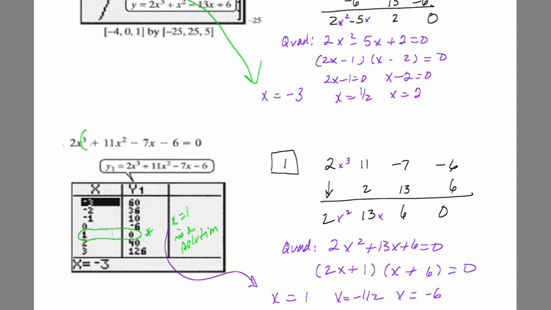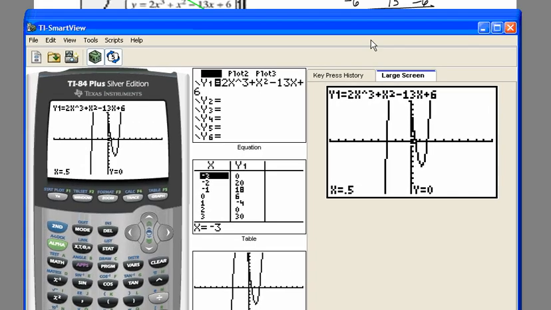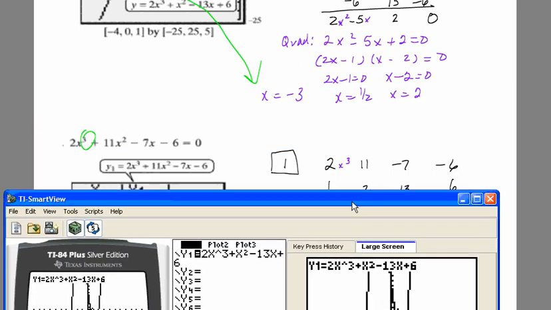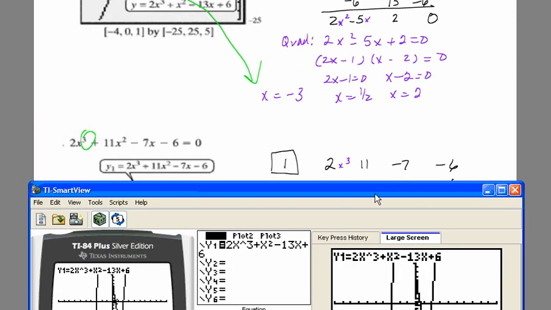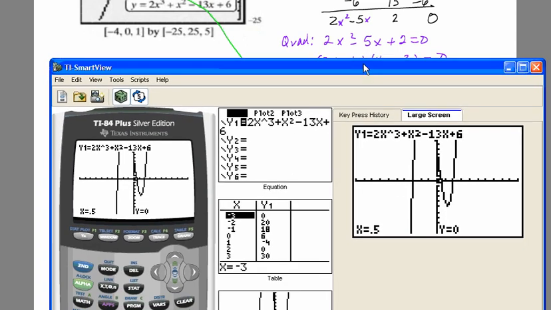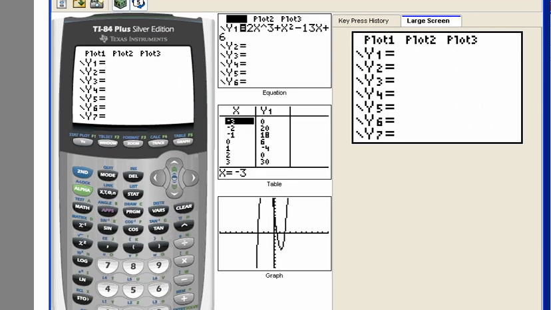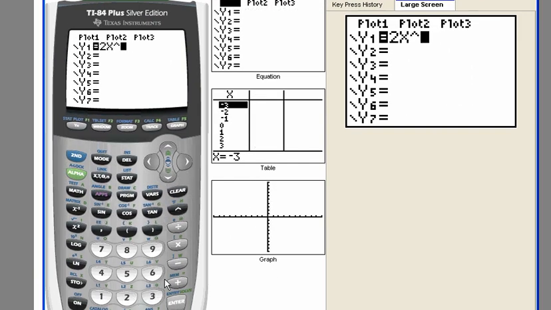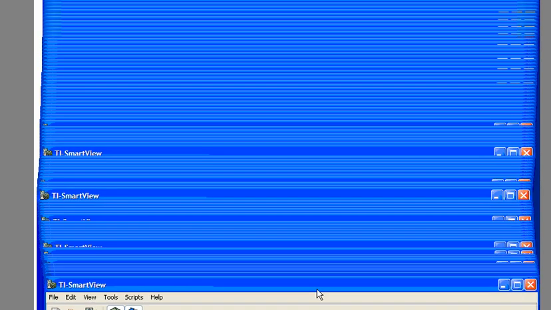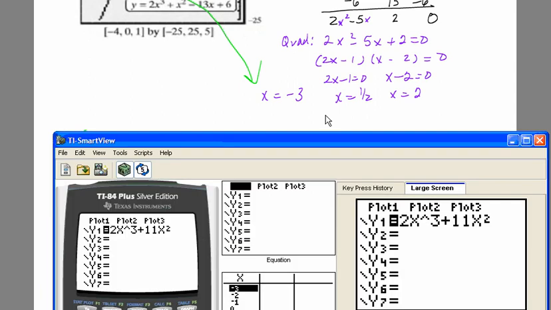The degree is 3, 3 solutions, and we could check that on our calculator, see if those are indeed the other solutions, the negative 1/2 and the negative 6. So we need to type that in. 2x cubed plus 11x squared minus 7x minus 6.